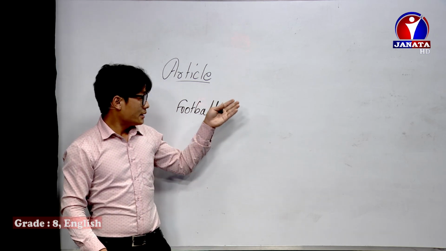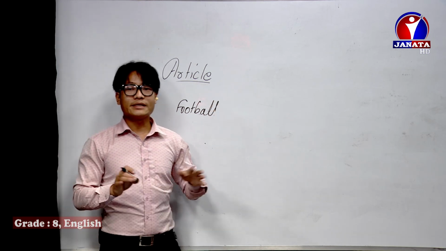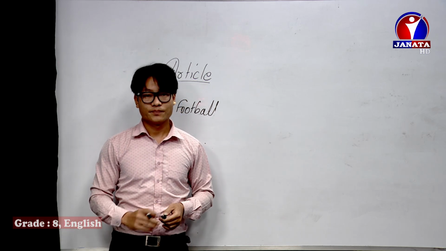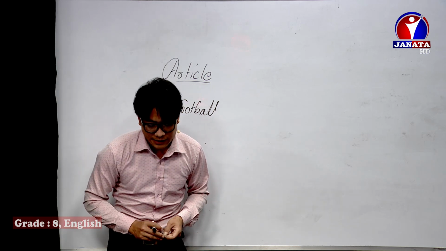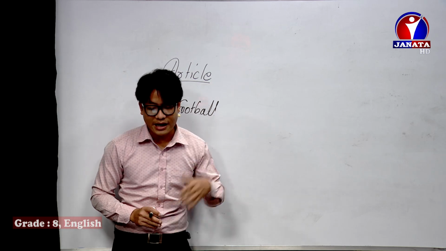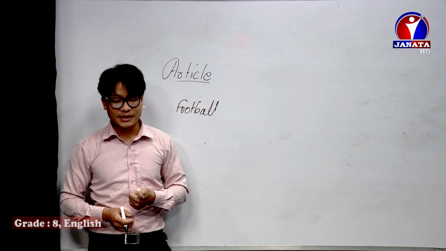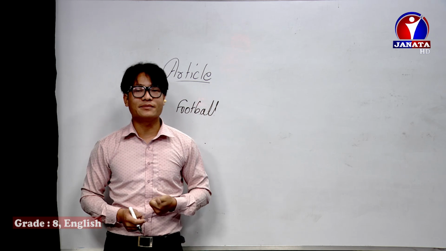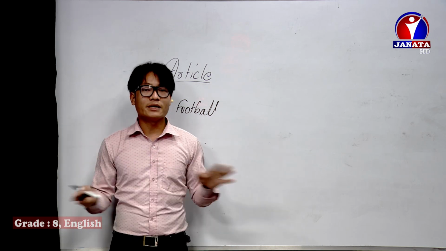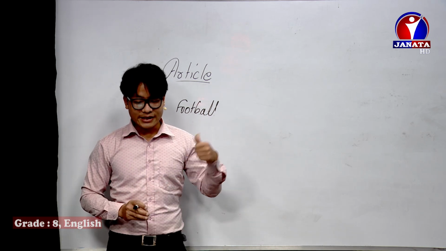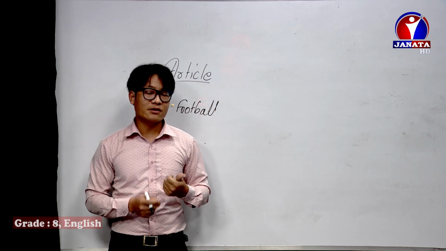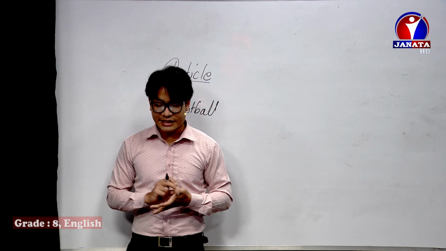So you can see these are all the nouns which do not take any article. Another is game and sport, which we just discussed. Academic subjects: English subject, Nepali subject, math subject. These nouns do not take any article. Next is language: Nepali language, English language, Indian language.